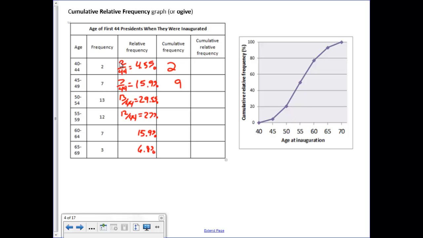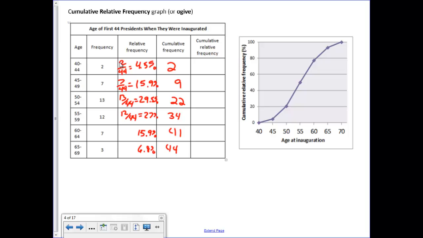And for this next set, I'm adding these all together, so I have 9 plus 13 more gives me 22. Or if you want to add all these numbers together, 2 plus 7 plus 13 plus 12, that's going to give us 34. Add them up, 41, and then 3 more gives us 44 total. So that's your cumulative frequency.